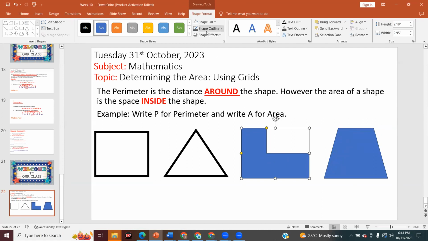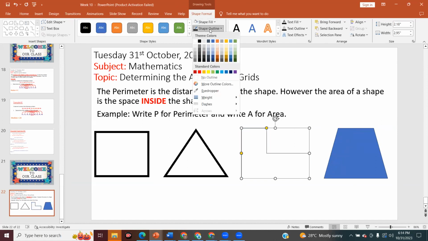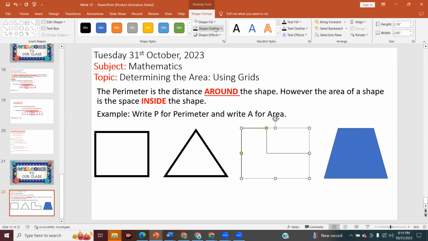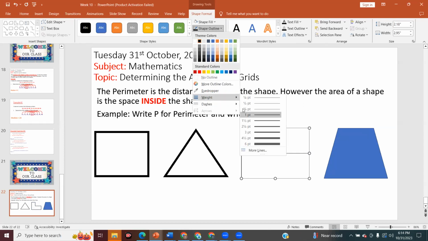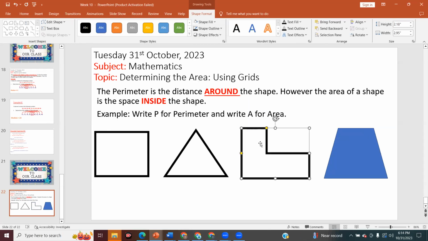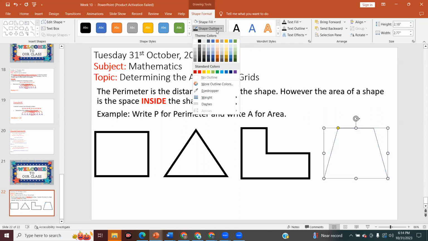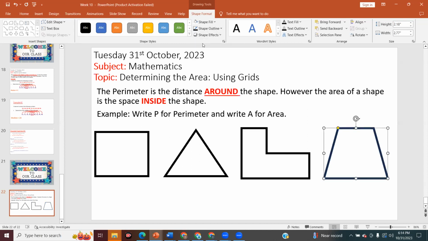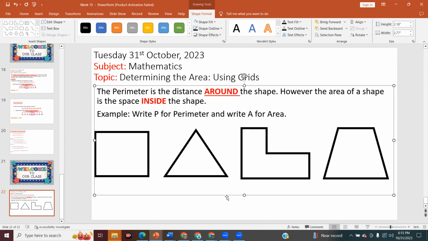Let's say that the shape fill is empty, with nothing inside of it.